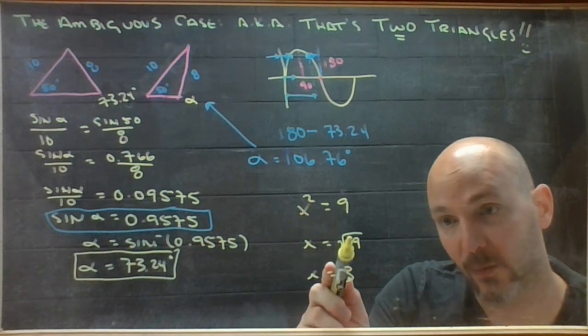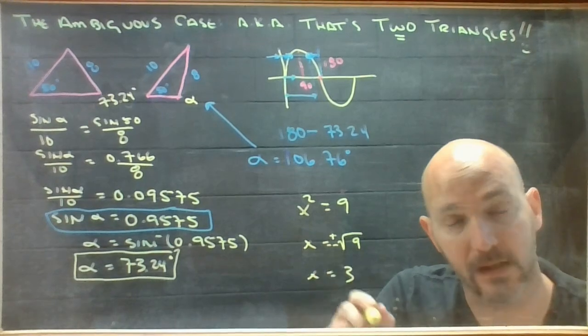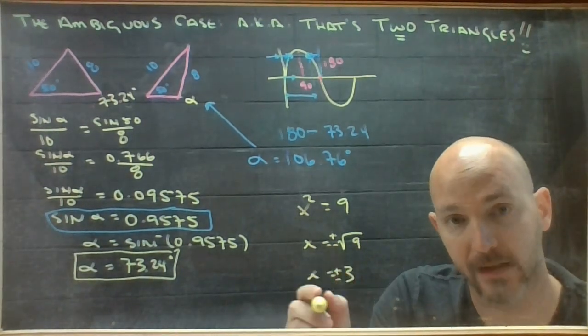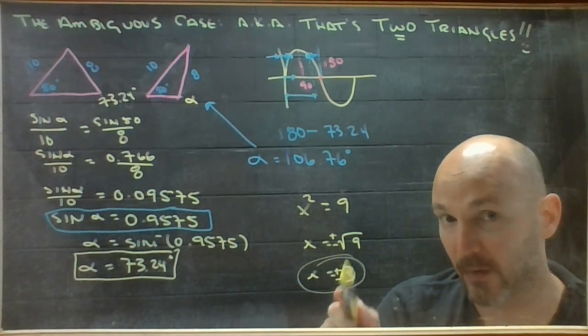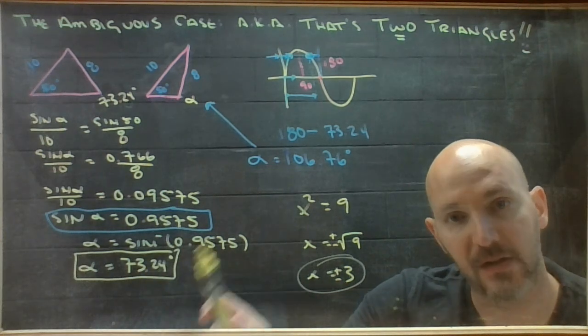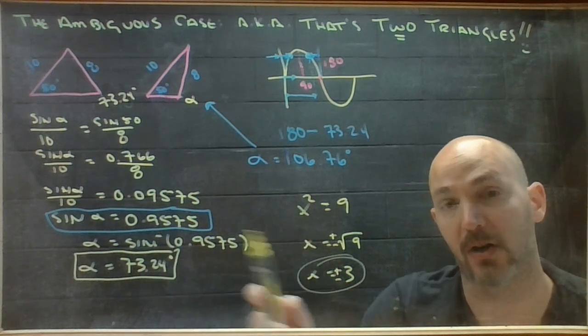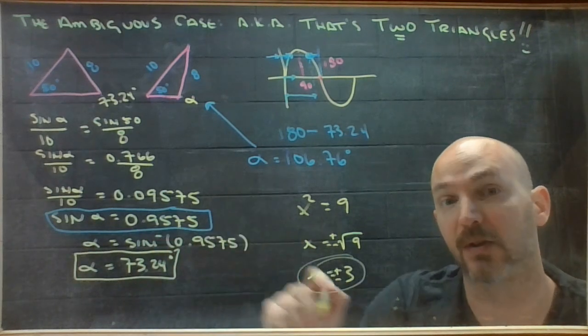When you pull a radical to break a square, you must consider plus or minus that option, plus or minus 3. So you had to sort of train yourself to remember this about squares and square roots. You're going to have to train yourself to remember this about arc sines. Anytime you move a sine to that side, there are two solutions.